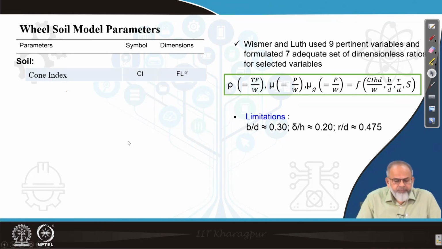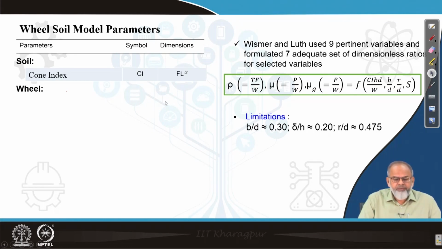Under soil, he identified a parameter called cone index. Basically, cone index gives the force required to push a cone probe into the soil. That means it gives, indirectly, the strength of soil. It is symbolized as CI, and its dimension is FL^-2, force per unit area.